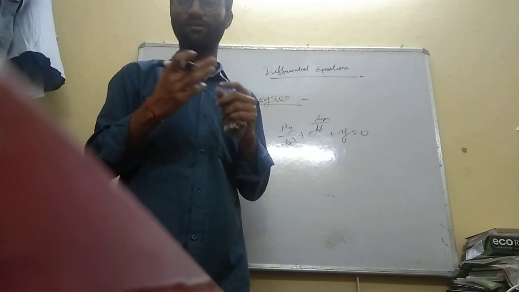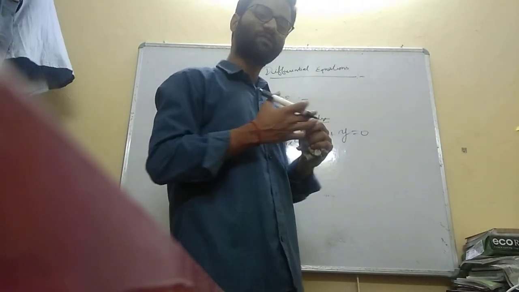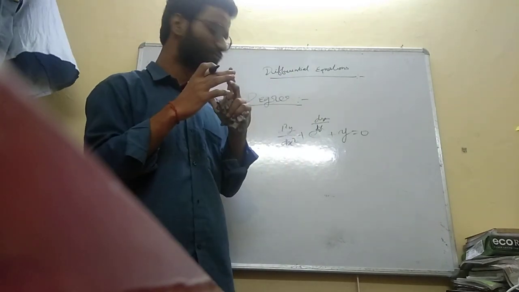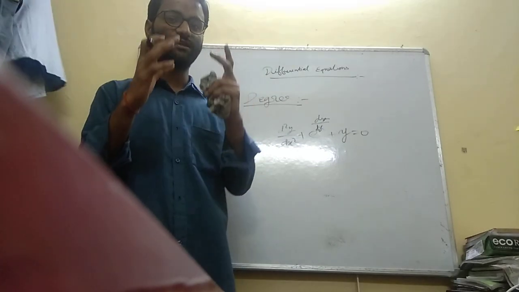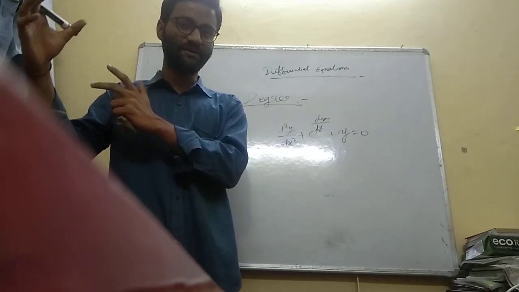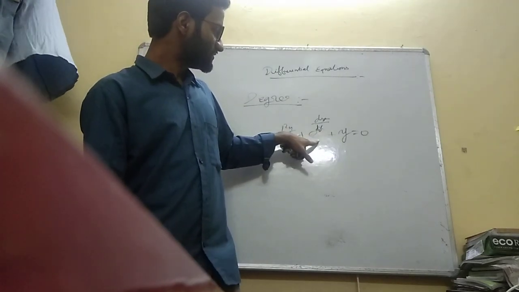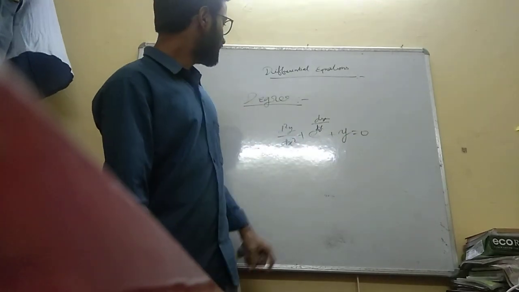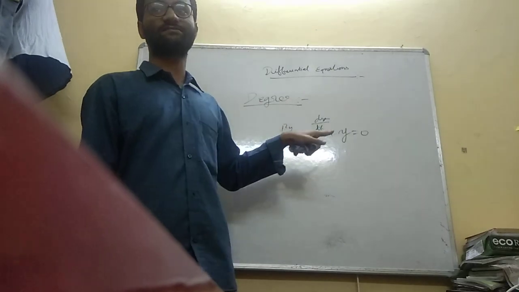we have to remember one thing, students. When we are going to discuss the degree, dy by dx must be free; our differential equation must be polynomial in terms of dy by dx. In the definition this is not mentioned, but when we find the degree, we have to remember this.